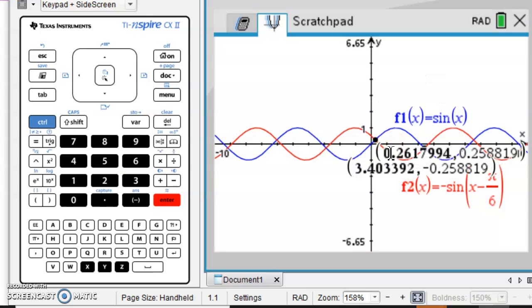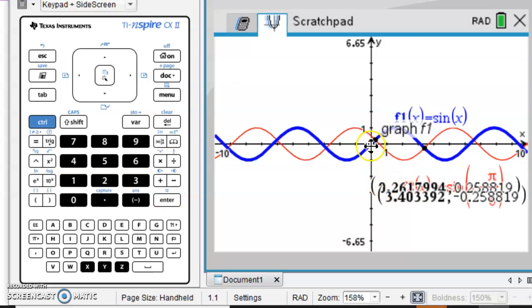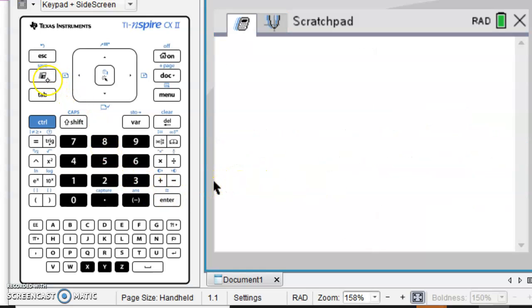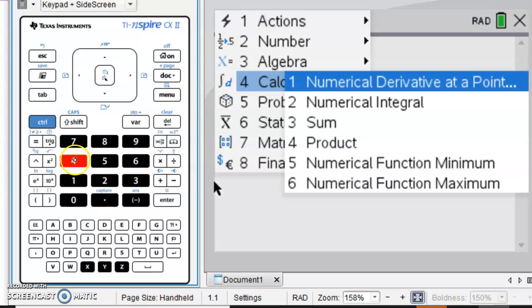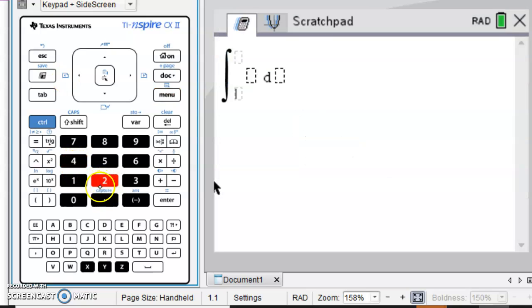All right, great. So now we've got our two values that we're going to need for integration purposes stored in our calculator. And we also have our top minus bottom stored in our calculator. So I'm going to hit the flying calculator button, go back to our calculator side of things, and we're doing calculus, so menu calculus, and we're going to actually do a numerical integral. So numerical integral is option 2 here.